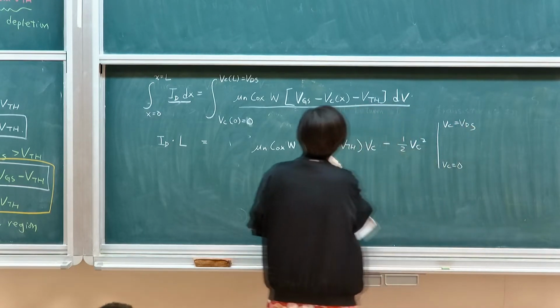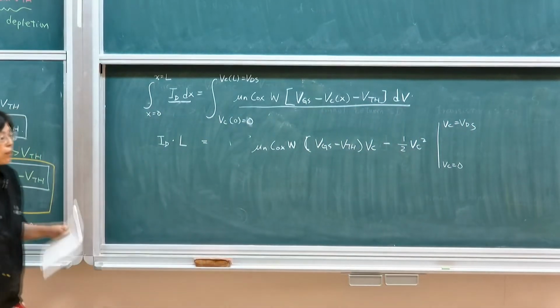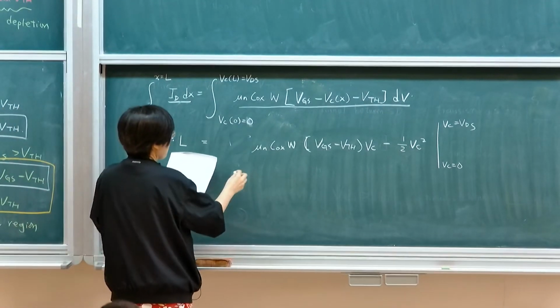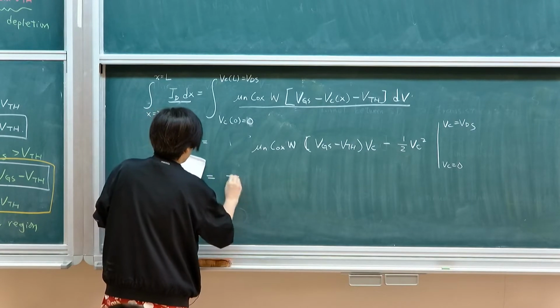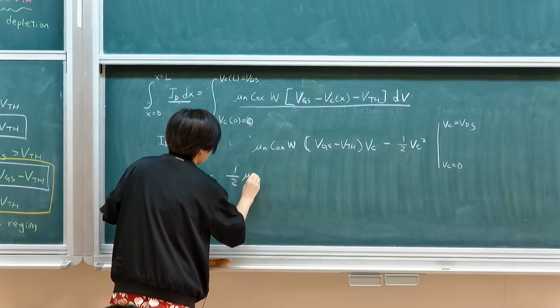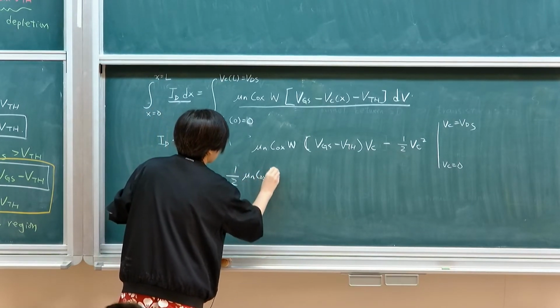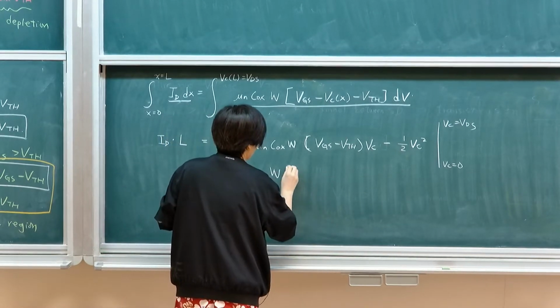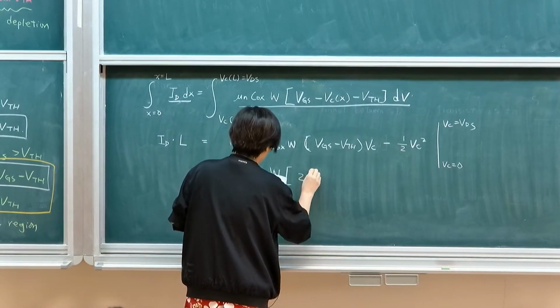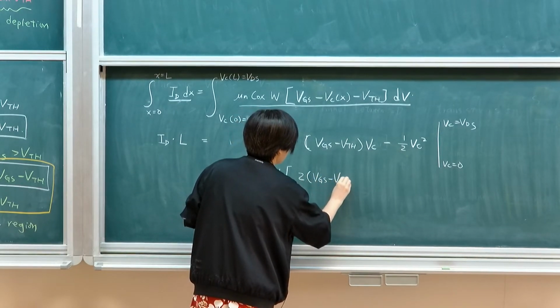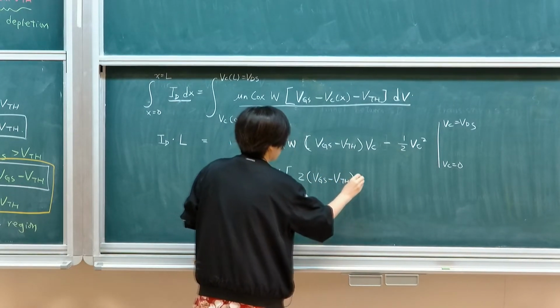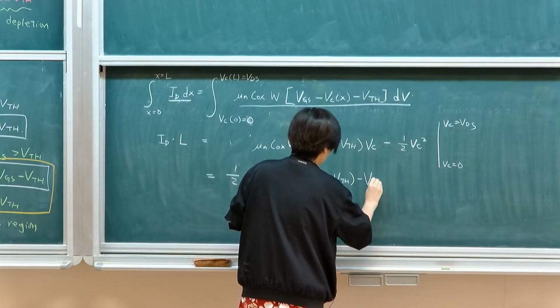So this is the integral, and then we do the boundary condition. And once this is done, the equation will turn into 1/2 mu n Cox W times twice the (VGS minus VTH) VDS minus VDS squared.